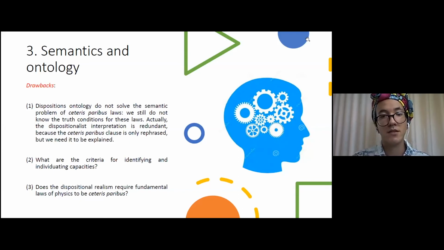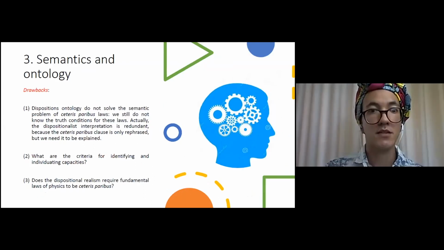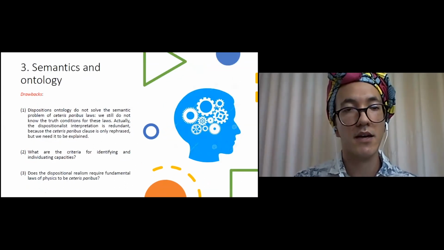Actually, the dispositionalist interpretation may be classified as redundant because the ceteris paribus clause is only rephrased, but we need it to be explained. So dispositions, according to this view, will be insufficient to deal with ceteris paribus laws.